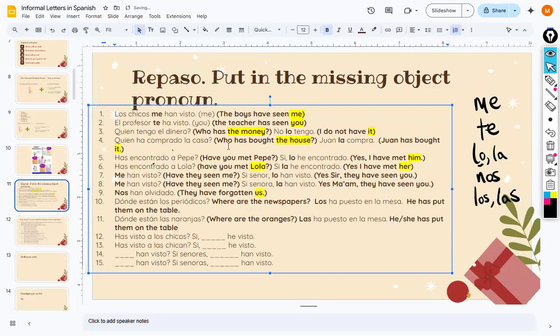Right. ¿Has visto a los chicos? Now remember that my question marks are missing, but you need to put them in, all right? So upside down question mark here. And upside down question mark here. Here and here as well.